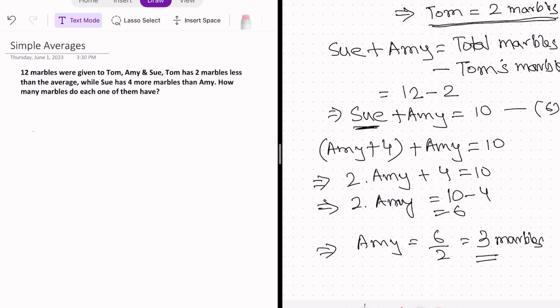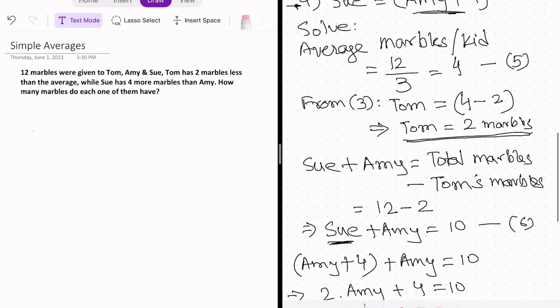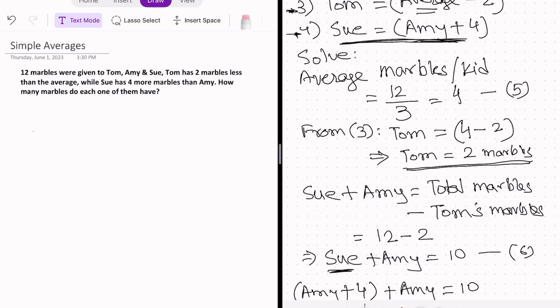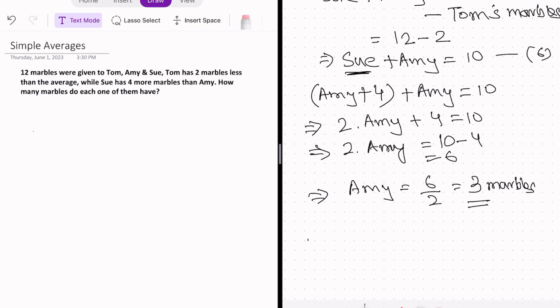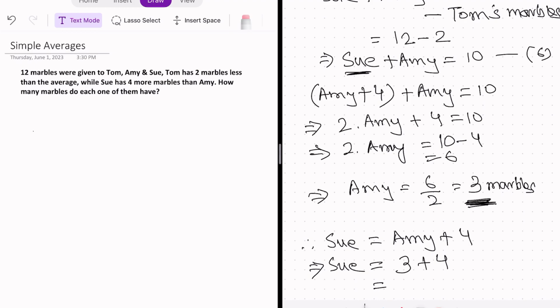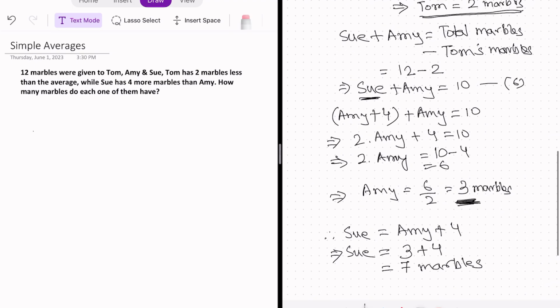Now if Amy has 3 marbles, then from this equation I know Sue will have 4 more than Amy. Therefore, Sue will have Amy plus 4, or Sue will have 3, because Amy has 3 marbles, and 4, 7. So how does my answer look like?